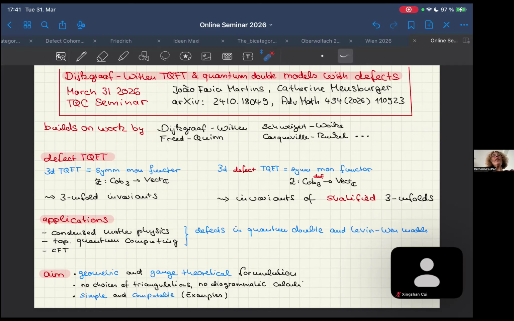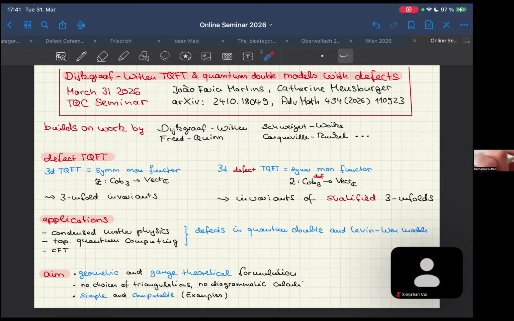So we wanted to see for Dijkgraaf-Witten TQFT, it's largely possible to avoid that. And then finally, we wanted some simple formulation where you don't have to work with, say, 20 triangles that are glued together in some way, and that should be very computable and also applicable to examples. Okay, so that was our motivation.